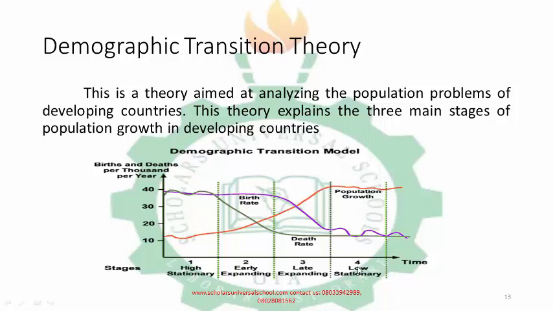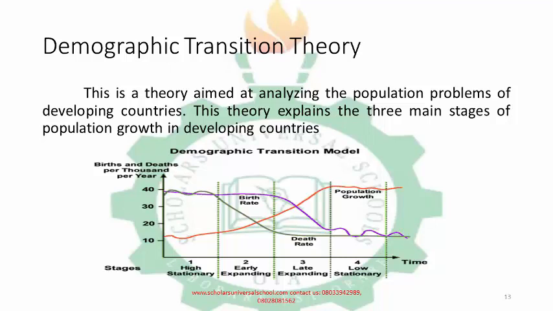Then the fourth stage is where the country has been able to stabilize the population growth rate. On this fourth stage, you can see that there's a fall in the birth rate and a fall in the death rate. So the economy in the fourth stage has been able to regulate the population growth.